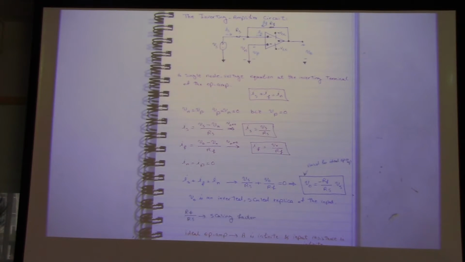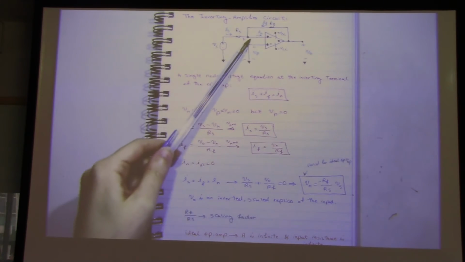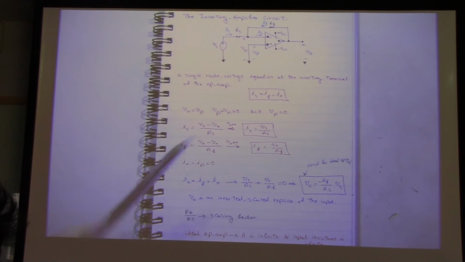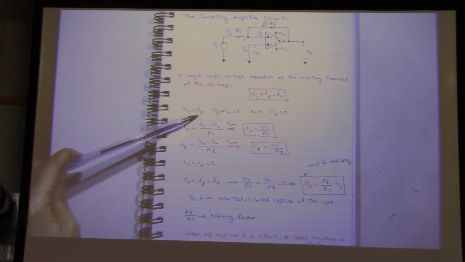So the first thing, write node voltage for this node. So Is plus If is equal to In. Why? Because Is and If are entering and In is leaving. The second one is Vn is equal to Vp.